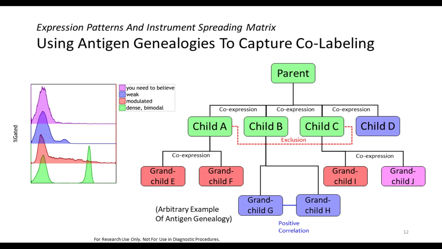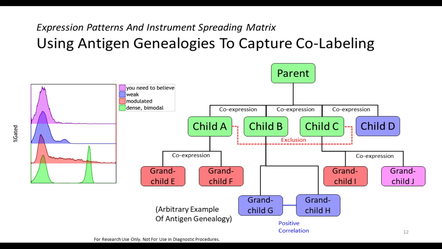I remember we have used this depiction a couple of slides earlier already. So for instance, a green antigen in the antigen tree is a densely expressed lineage antigen, whereas a purple one is a weakly expressed antigen.